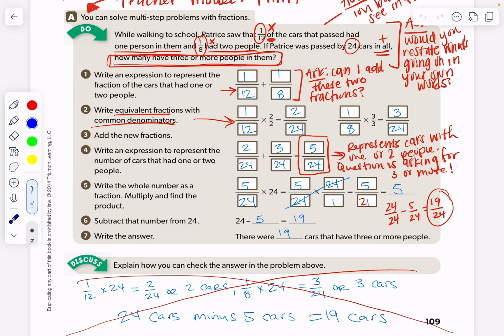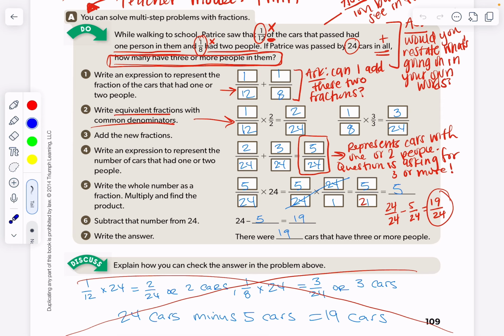Both of these fractions now have a denominator of 24, which means that we did great math. Now we can go ahead and add them together. Keeping our denominators the same, we know that 2 plus 3 is 5. So 5/24 represents the cars with 1 or 2 people in them, right?